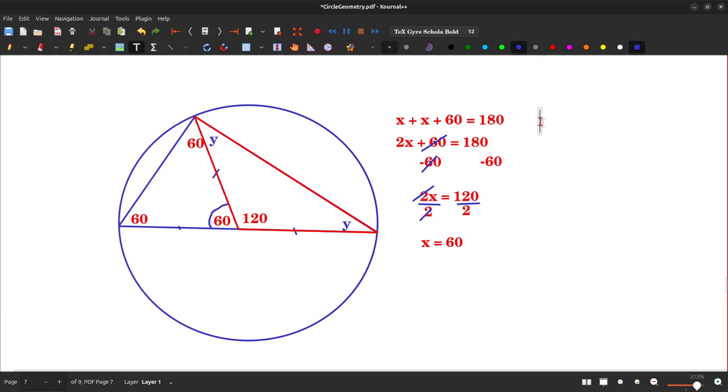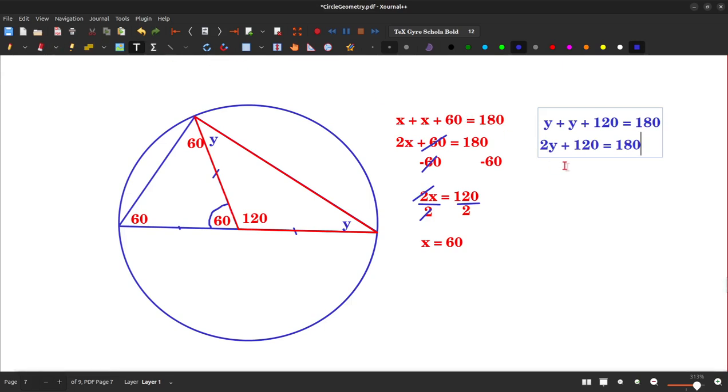Now let's calculate the value of y. y plus y plus 120 should give me 180, sum of interior angles in a triangle. So y plus y, it's 2y plus 120. This is going to give us the 180 there.